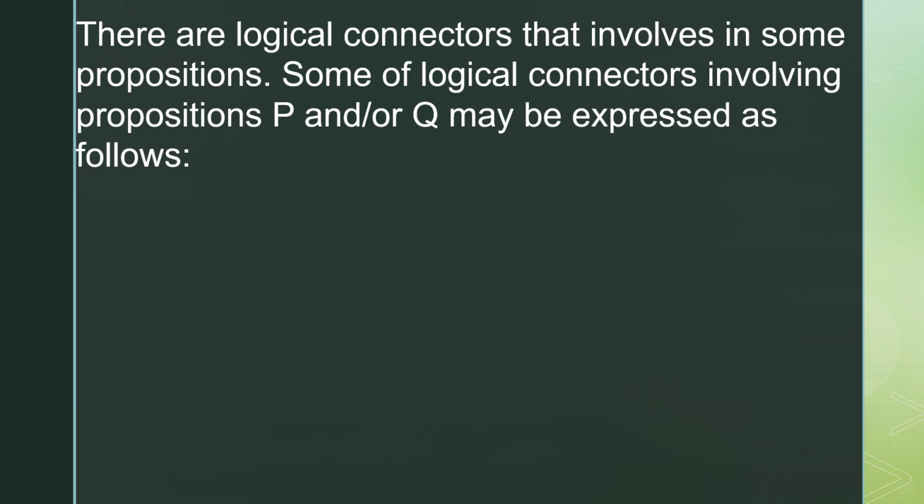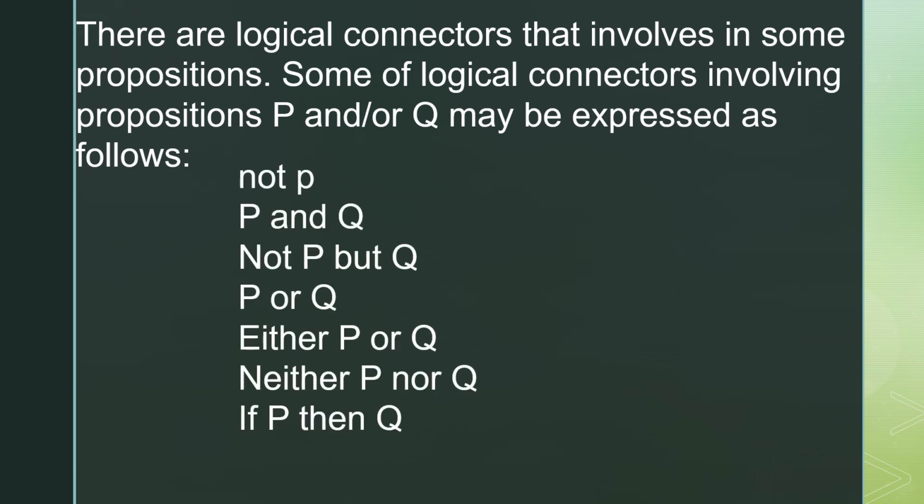There are logical connectors involved in some propositions. Some logical connectors involving propositions P and or Q may be expressed as follows. Take note that these connectors also have corresponding symbols which are called logical operators, which will be discussed further in the next lessons.